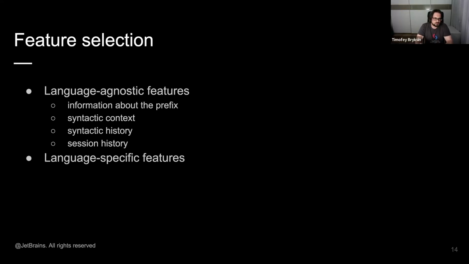Syntactic history. It's very important to catch the dynamics of what's happening in the IDE and not treat this file as a static object. So we look at previous actions that users might have taken and whether this influences the decision.